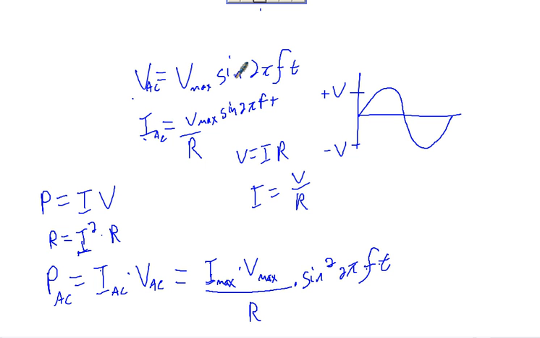So we would end up with a sine 2 pi ft times sine 2 pi ft. So it's this times this, so it's all of this squared. Or it's the result of the sine squared.